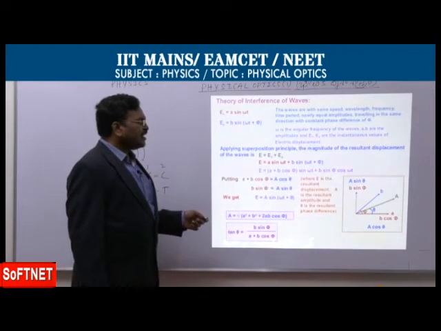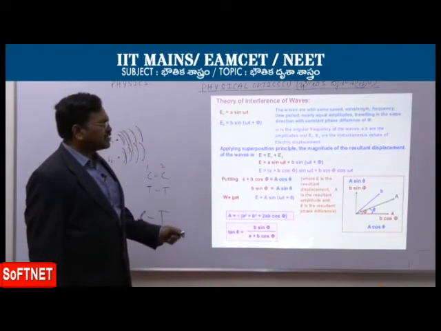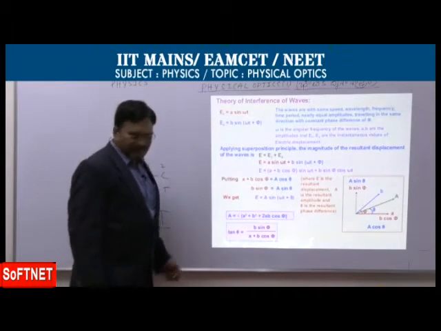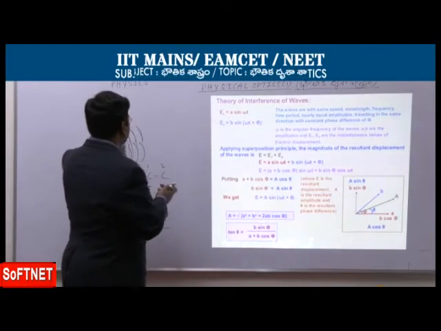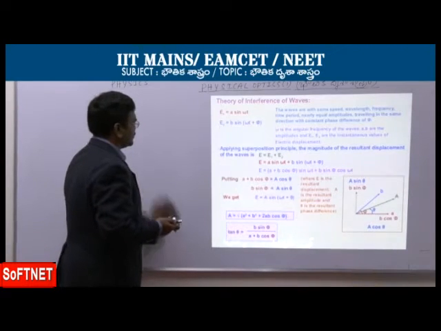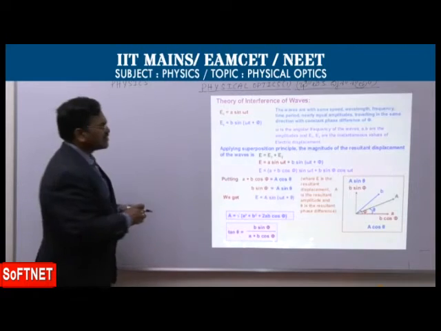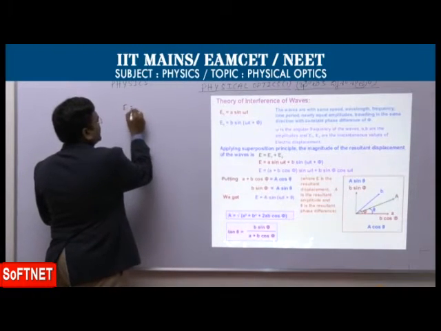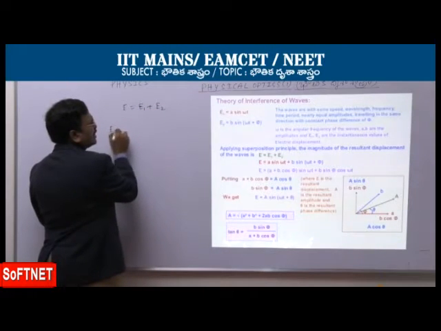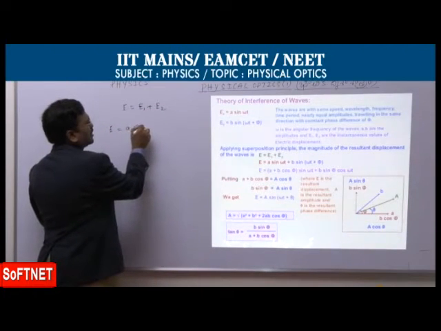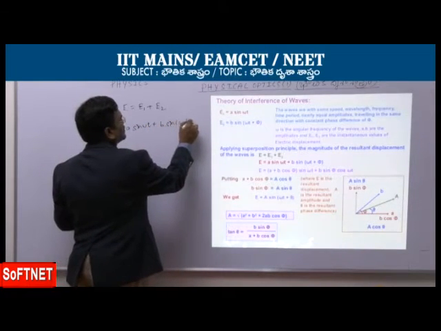Now sin (omega t plus pi): sin (A plus B) is sin A cos B plus cos A sin B. From this we have E equal to E1 plus E2, where E1 is A sin omega t and E2 is B sin (omega t plus pi).